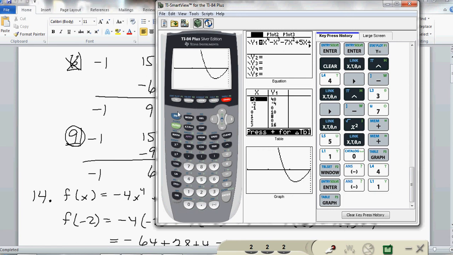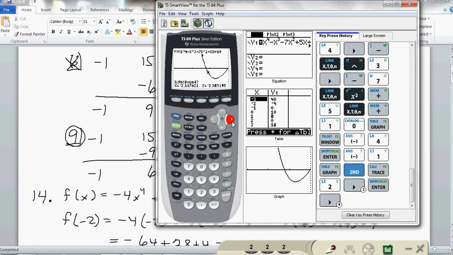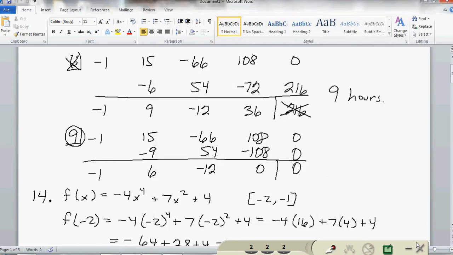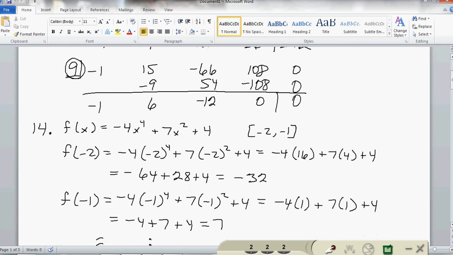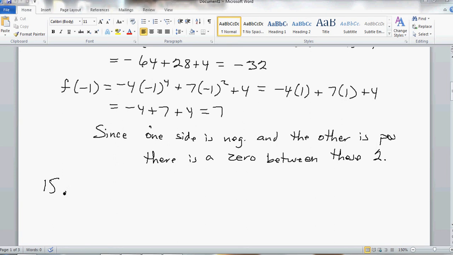So I'm going to second calculate, find that 0, to the left of it, then to the right of it, and then the guess will just fall right there, and I see that it appears to be negative 2.24. So the 0 for number 15 is negative 2.24.